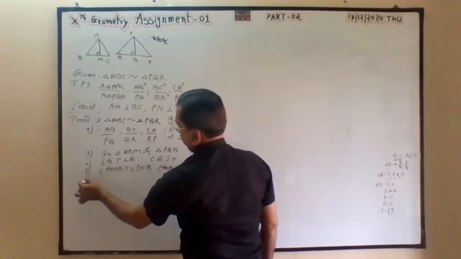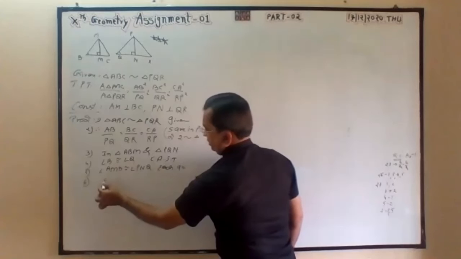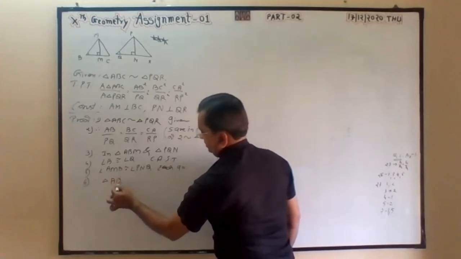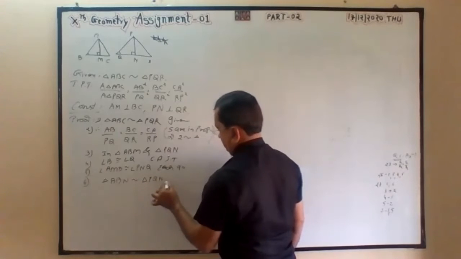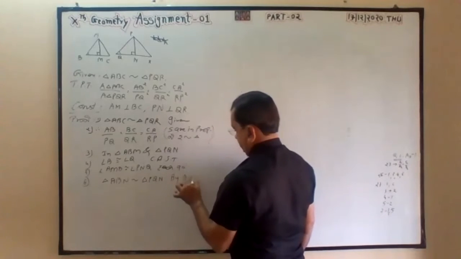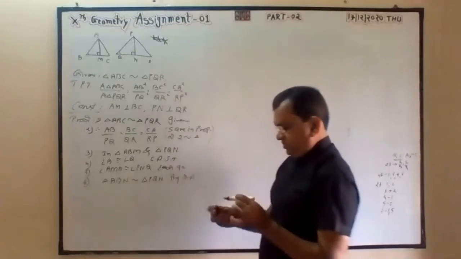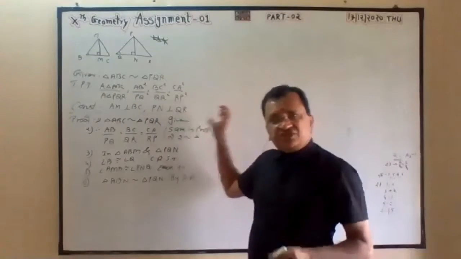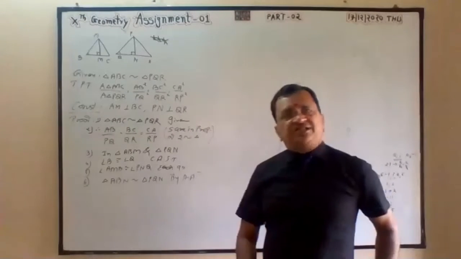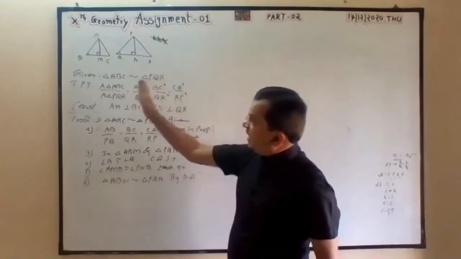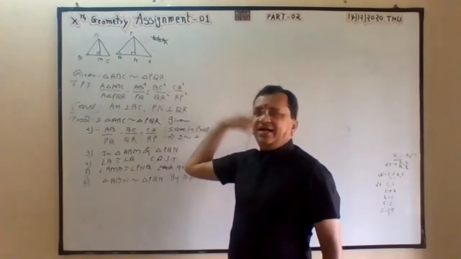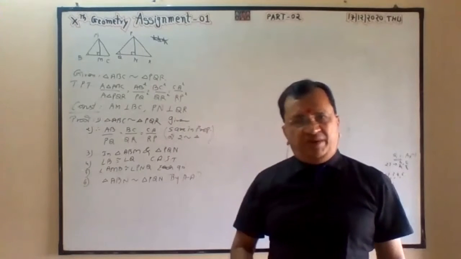So these two triangles are similar. For the full triangle similarity we have written that sides are in proportion. Then half of the triangle, the left side or the right side, you can prove it is similar.